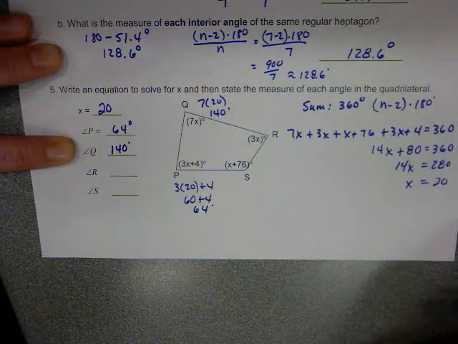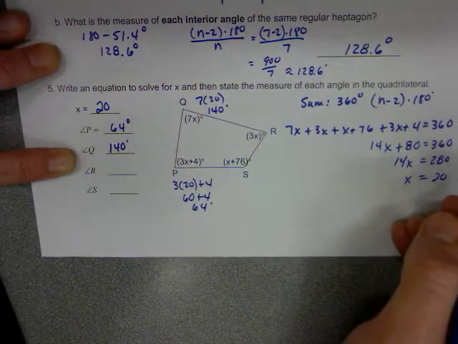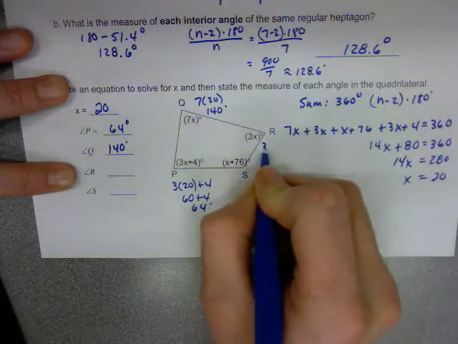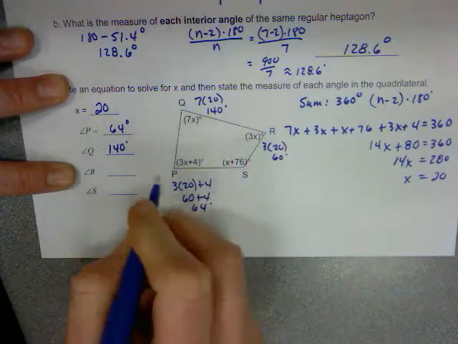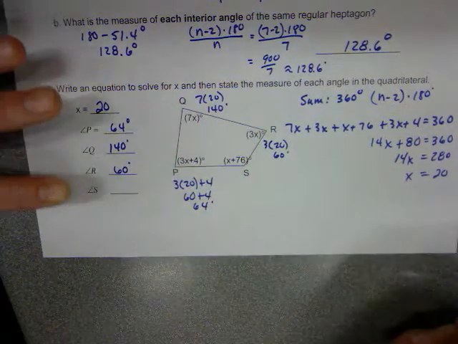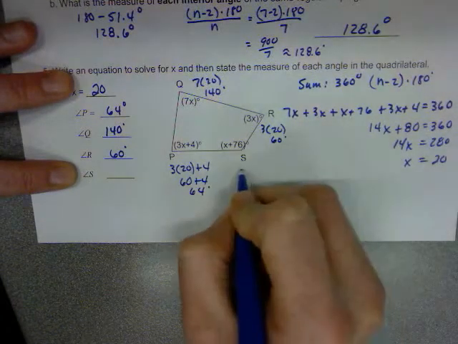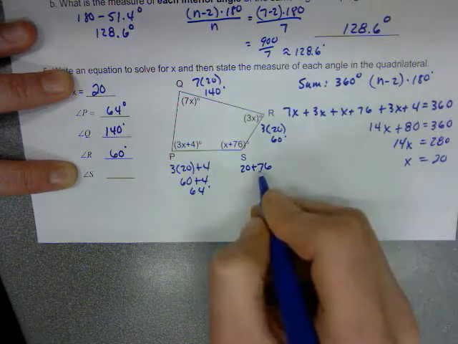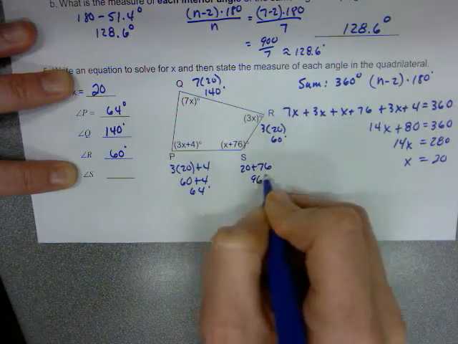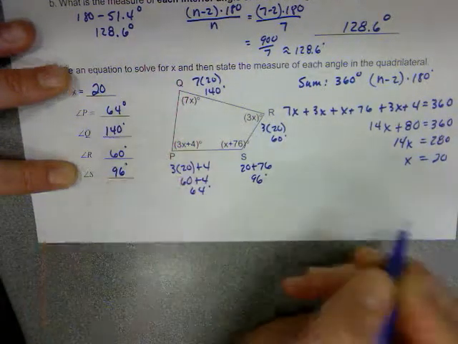So that's 140 degrees. Angle R is 3 times 20, which is 60. So angle R is 60 degrees. And angle S is 20 plus 76, which is 96. So this is 96 degrees.